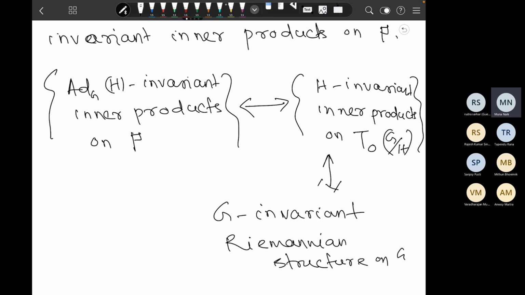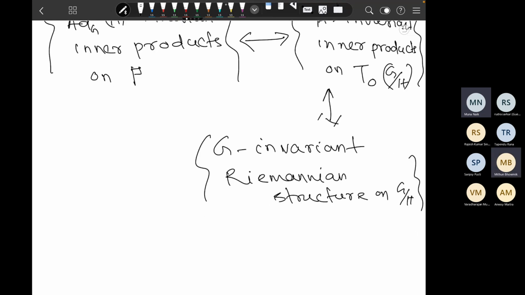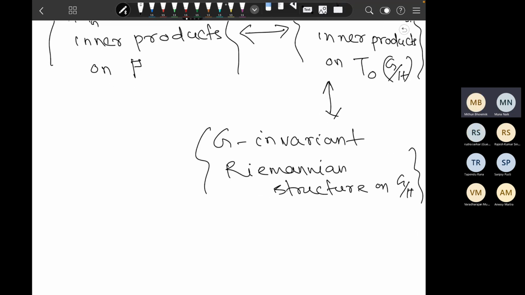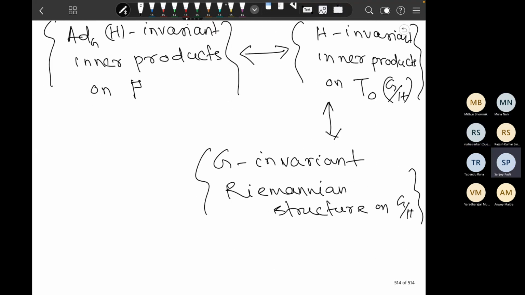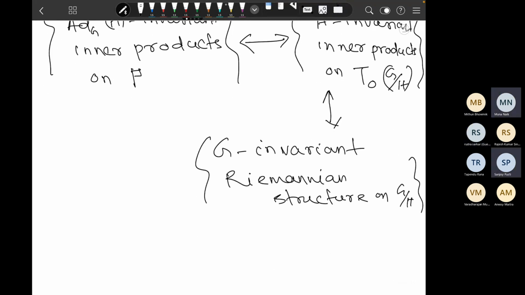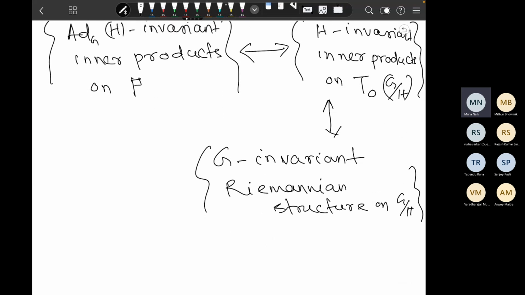Is it clear what I am saying? Yes. Okay, so last time we have seen G invariant structure.